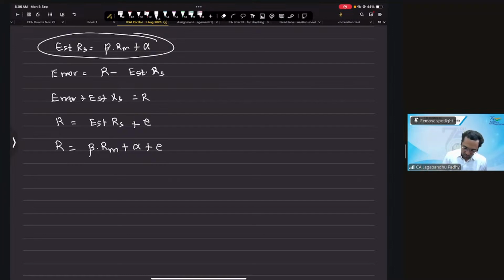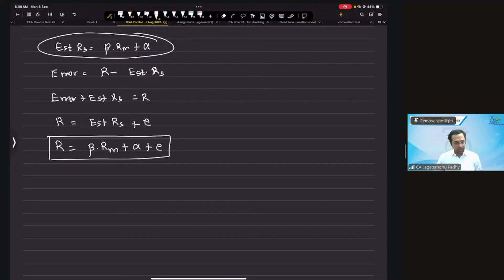When you add the error term, the actual return of the security becomes a complete equation.